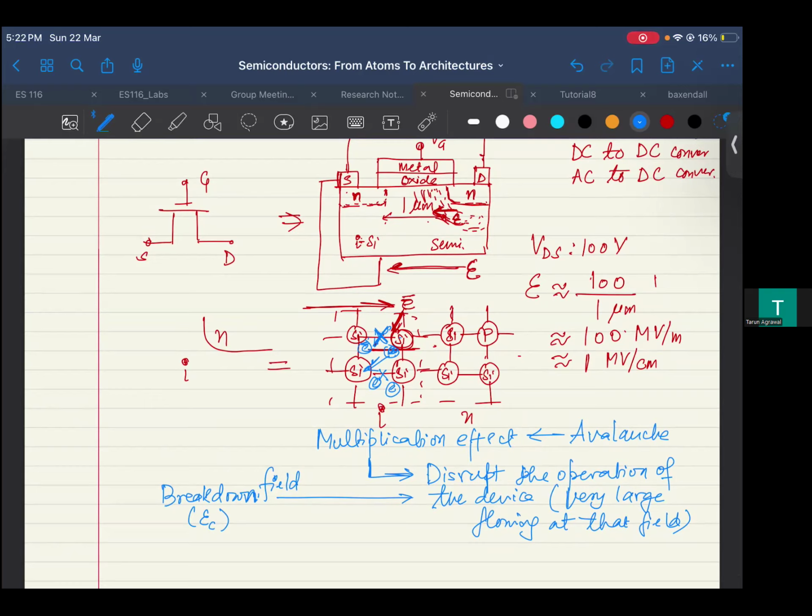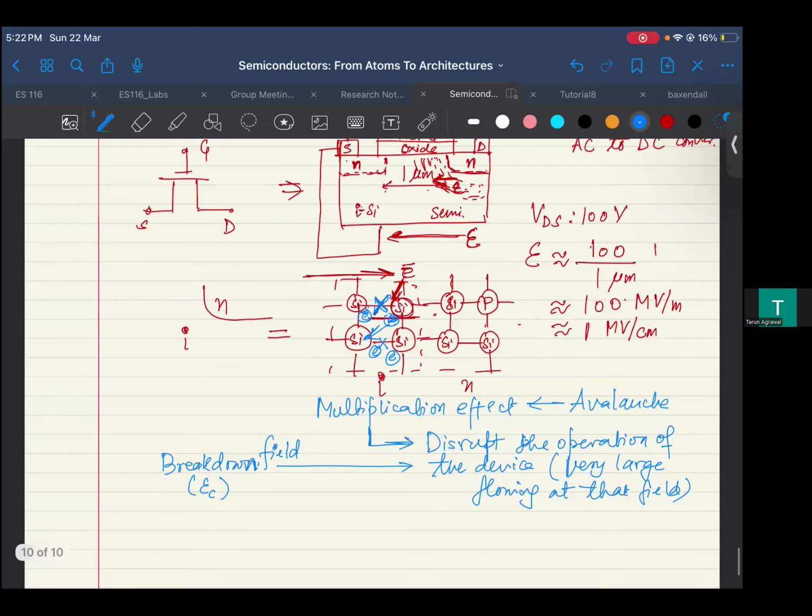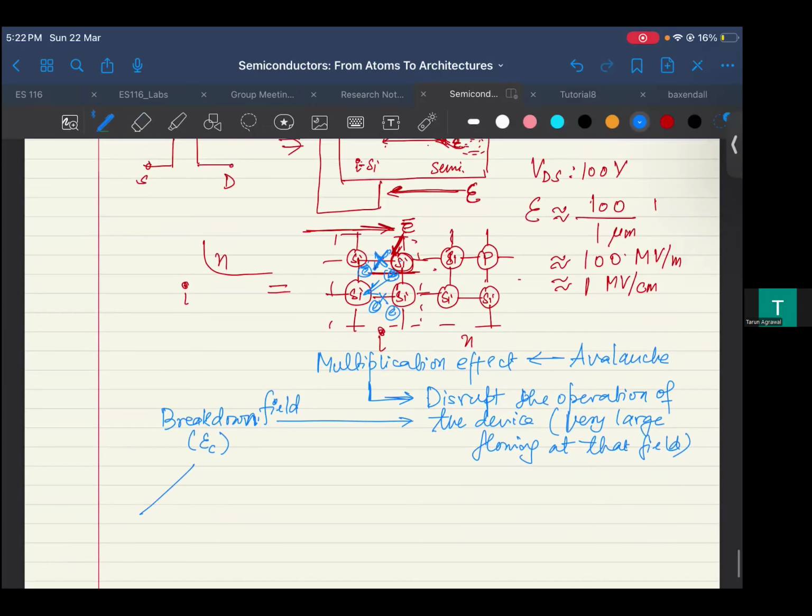So I can drop the voltage so that the field is not high there. Either I do something with the structure, that is one approach, or I could choose a different semiconductor, so this could be an option. So what we want to do is to mitigate this.